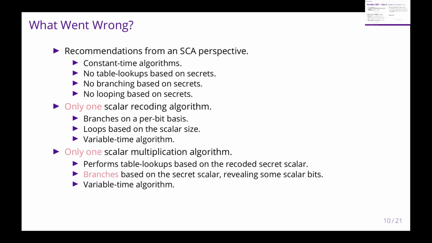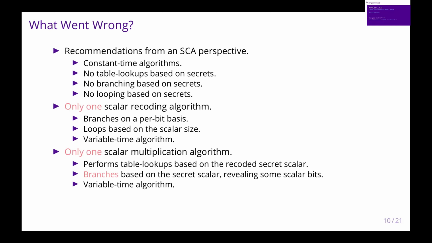Also, when we decided to move to one scalar multiplication algorithm, this algorithm is difficult to implement in a constant time manner. So it often means that it performs table lookups based on the recoded secret scalar. Since it's a recoded secret scalar, it doesn't reveal bit by bit, but it reveals some of the bits of the scalar.